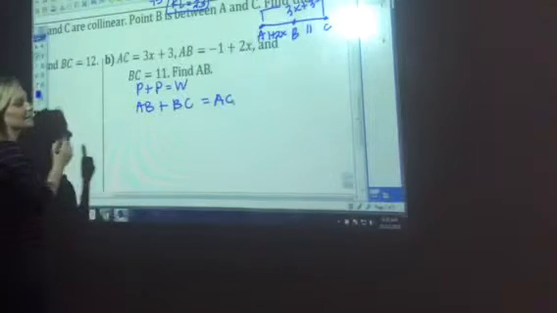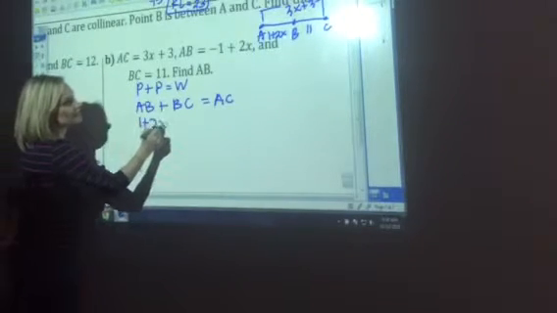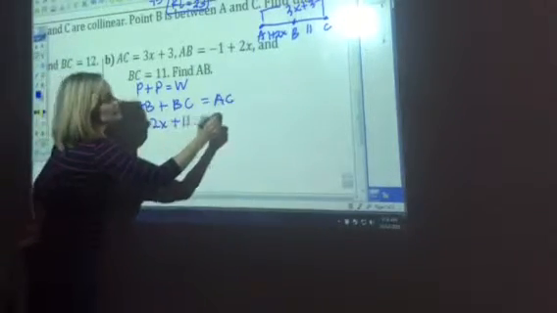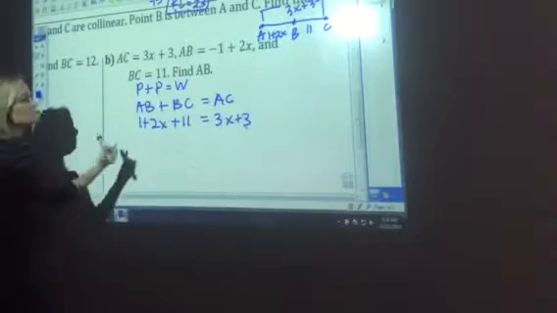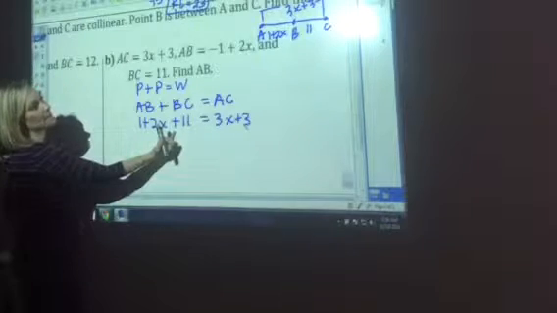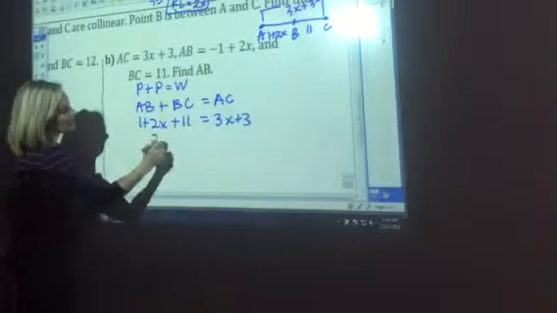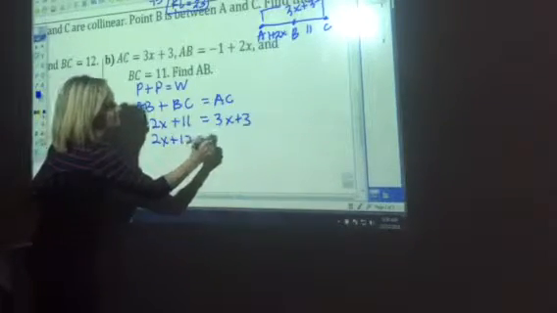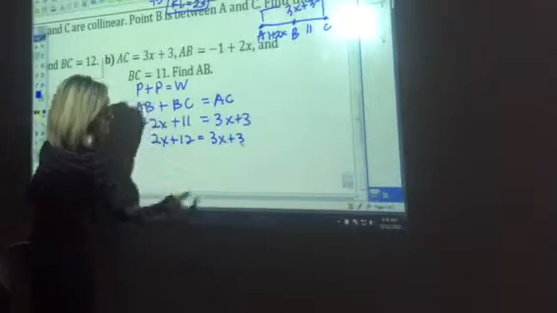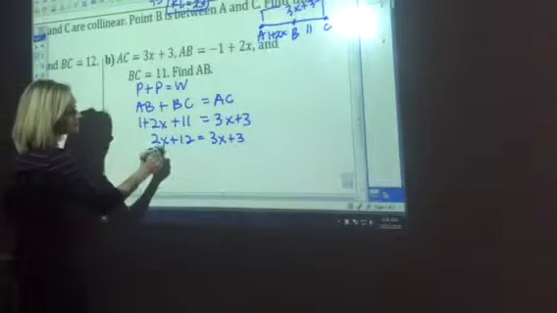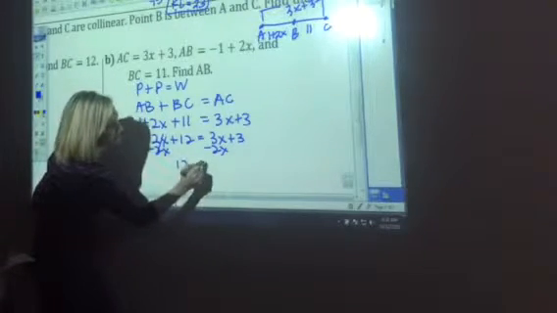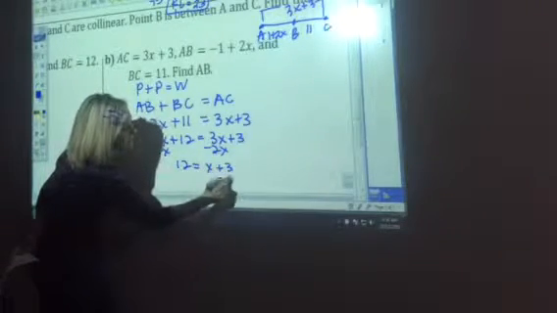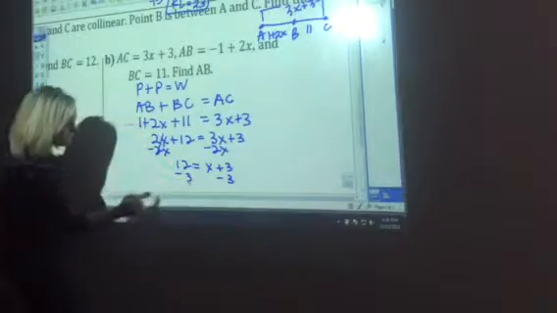So when I plug in, I have 1 plus 2x plus 11 is equal to 3x plus 3. I'm double checking my numbers here. So this will give me 2x plus 12 is equal to 3x plus 3. When I subtract 2x, I get 12 is equal to x plus 3. Subtract 3, and I get 9 is equal to x.